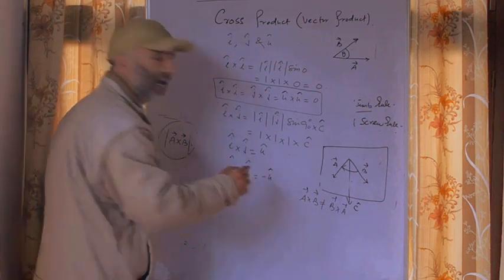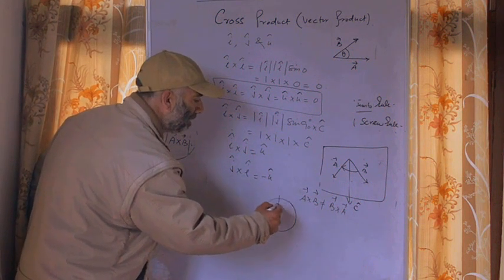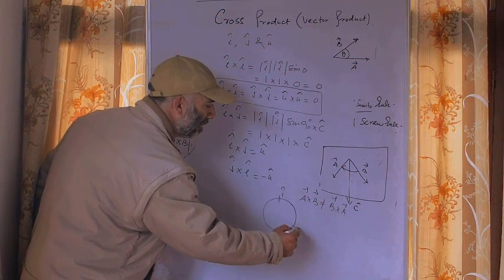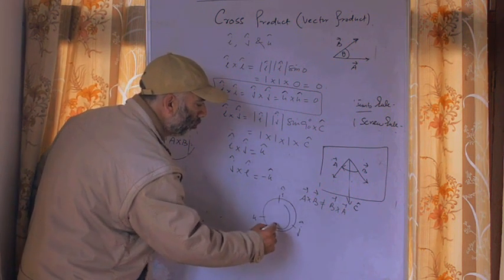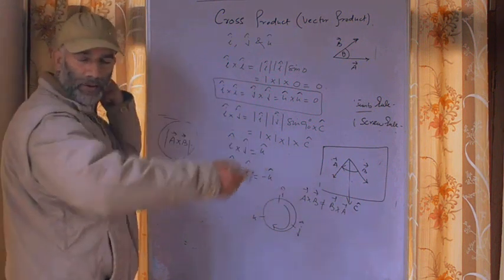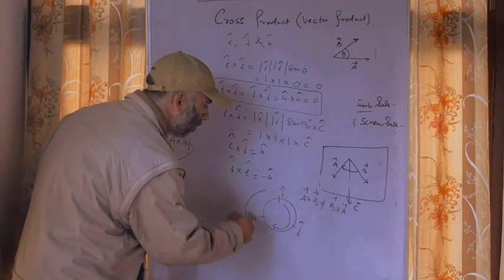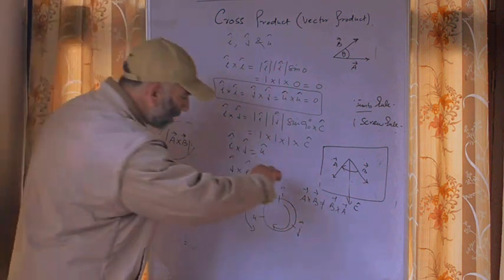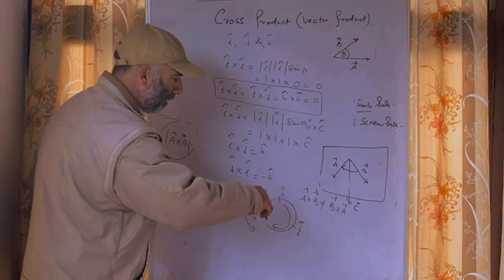You can remember all the products with the help of this simple diagram. This is i, this is j, and this is k. If we are traversing the loop in the clockwise direction, the products are taken as positive. In the anti-clockwise direction, they will be taken as negative.